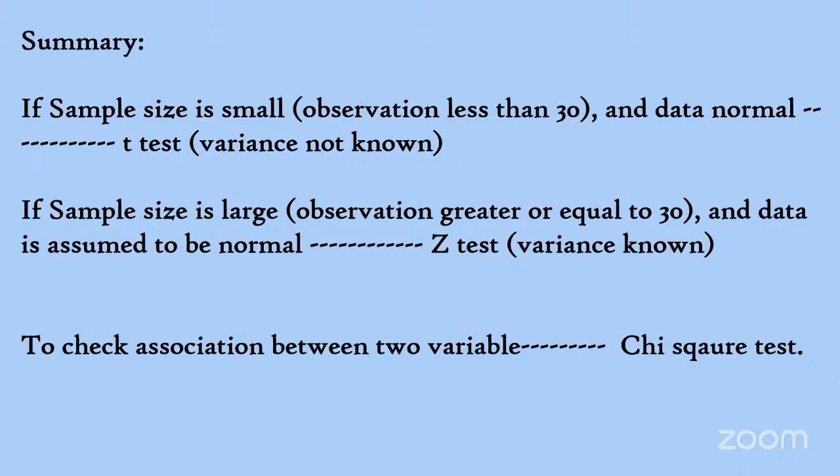But practically, what is behind it is the variance. If the variance is known, then it is a Z test, whether the sample size is big or small. Variance will be known when we have information of the population.